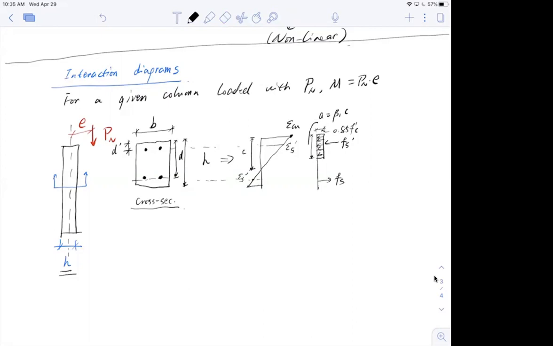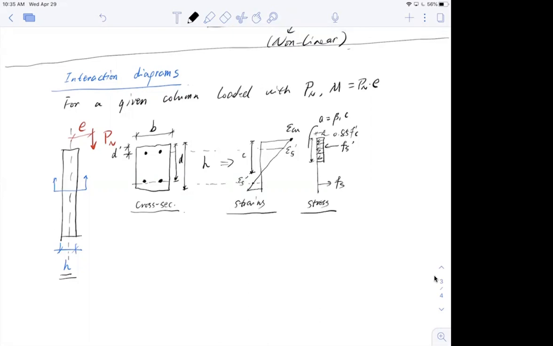Okay, and then to summarize the total forces. So this is strain, this is stress. Total forces: I now have a compression from the steel, Cs, equal to As prime times (Fs prime minus 0.85 f prime c).